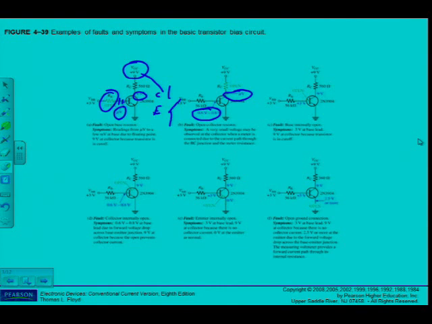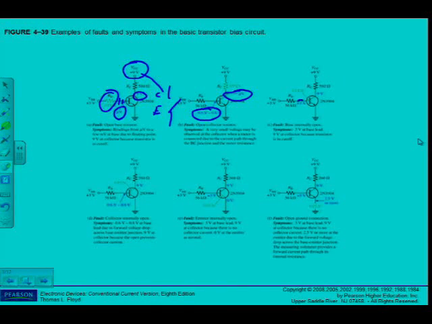Alright, then the third one there, the fault mentioned there is the base is internally open, because the symptoms is I get 3 volts at the base lead and 9 volts at the collector because the transistor is in cutoff again.